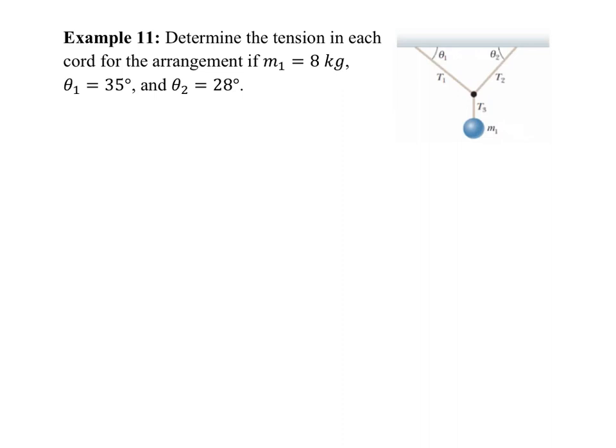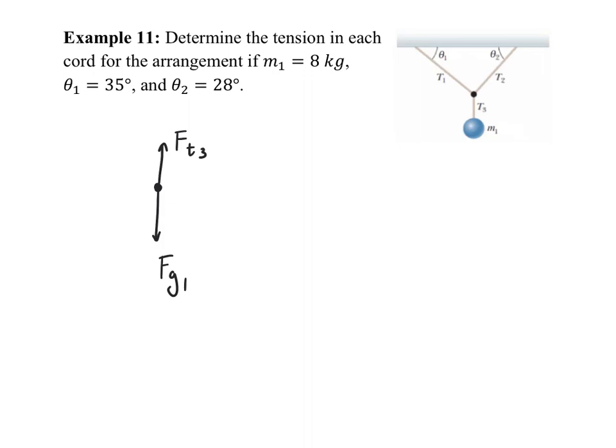So if I drew a free body diagram for mass 1, let's draw it together. Here's mass 1. I've got the weight of object 1, and I've got the tension in the third cable. That's my free body diagram for object 1. And if you look at this problem, you're going to say, oh, this isn't going to do much for me. How can I find the tension in the other chords, right?